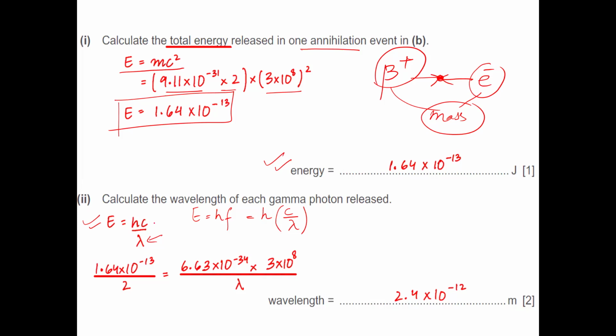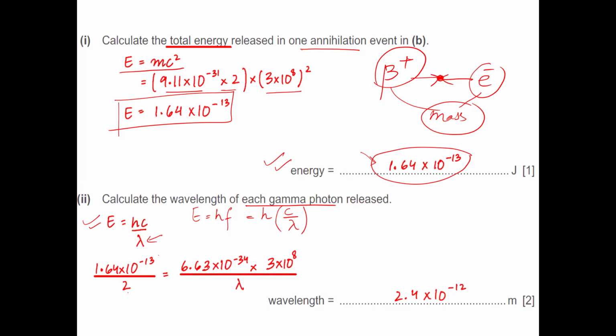So what is E? E is this energy, 1.64 times 10 power minus 13. But we have to find it for a single photon, each photon, so we are going to divide this energy by 2, because this energy was for two particles.